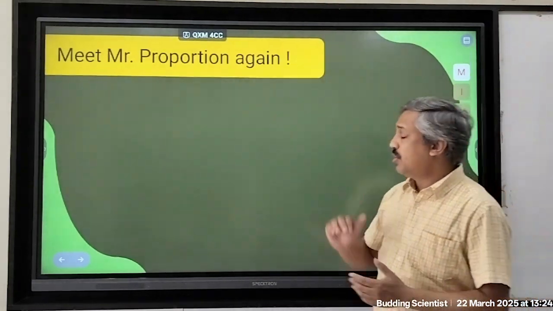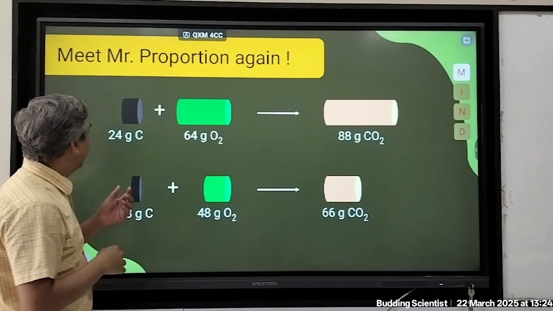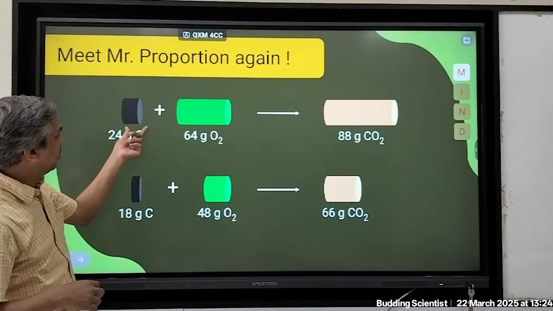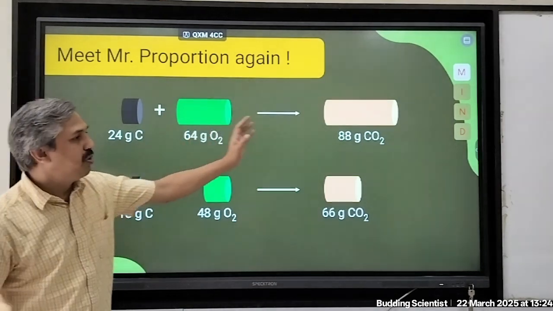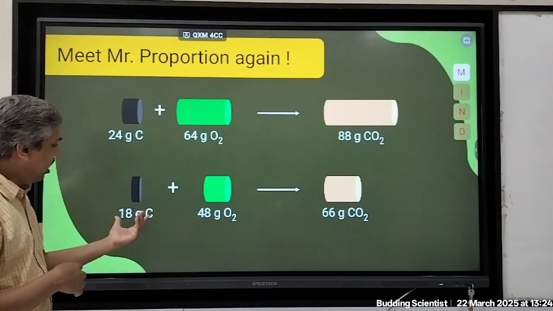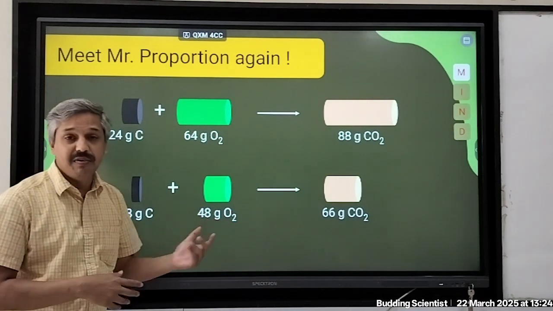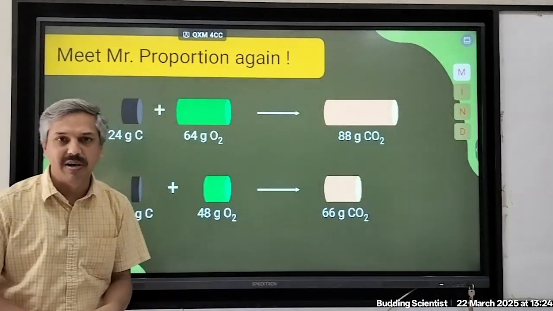So we are meeting Mr. Proportion again, and in this case we find out that 24 grams of carbon was reacting with 64 grams of oxygen and it was producing 88 grams of carbon dioxide. 18 grams of carbon reacted with 48 grams of oxygen, it produced 66 grams of carbon dioxide.